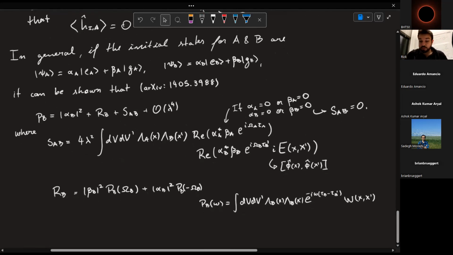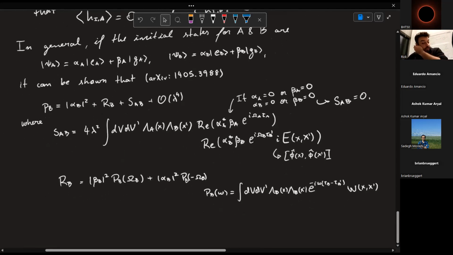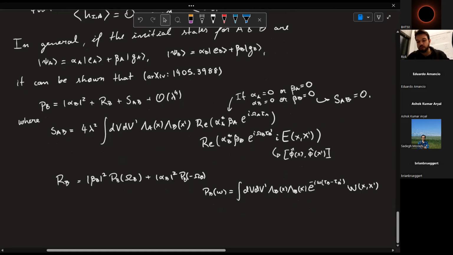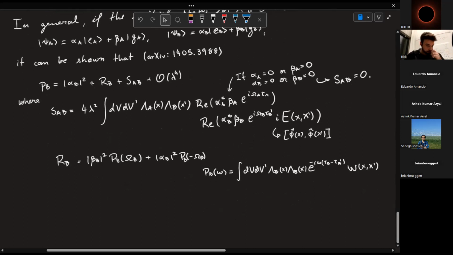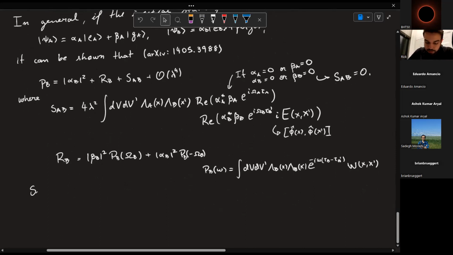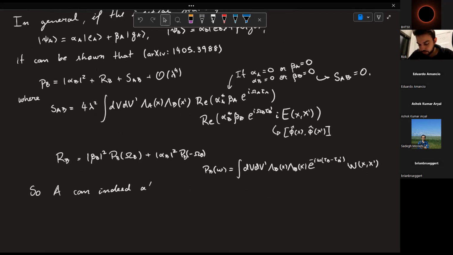So basically, you need both of them to have some component parallel to the interaction with the field, so that they will be able to signal to each other. Okay, so this means A can indeed affect the excitation probability.